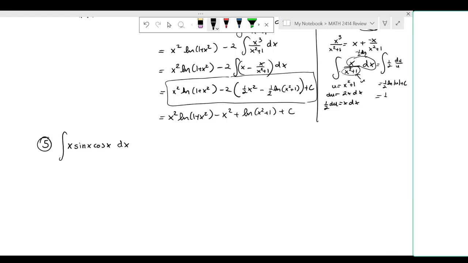Okay, so what do you think? For integration by parts, you can help me out, choose u, and then choose dv.